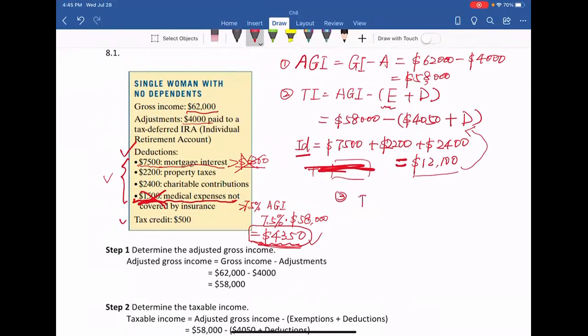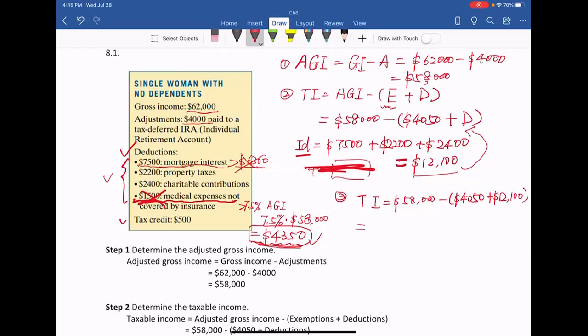The taxable income equals 58,000 subtract 4,050 plus 12,100.